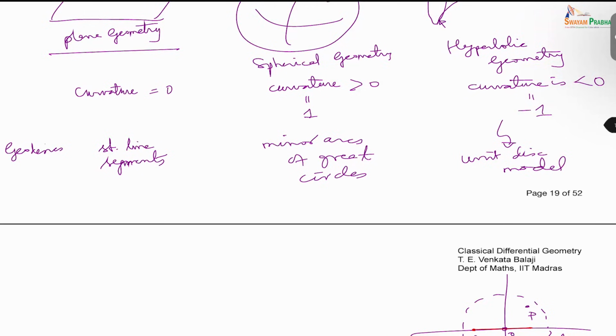Now I have to come to another interesting thing, which is what happens to trigonometry, and what happens to this very simple statement that the sum of 3 angles of a triangle is 180 degrees. That has a generalization which is essentially the Gauss-Bonnet theorem for curves, and it works on a surface, and it has some amazing consequences, which lead to what is called spherical trigonometry and hyperbolic trigonometry.